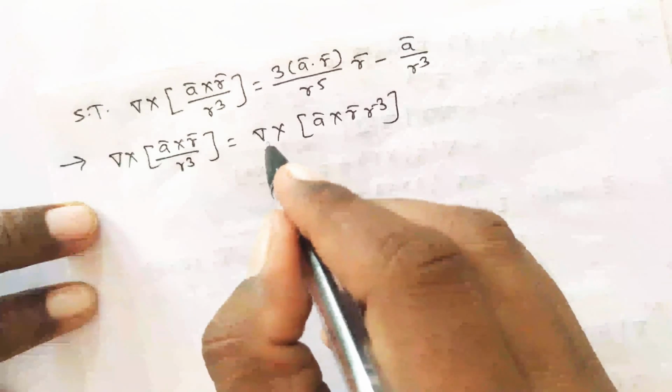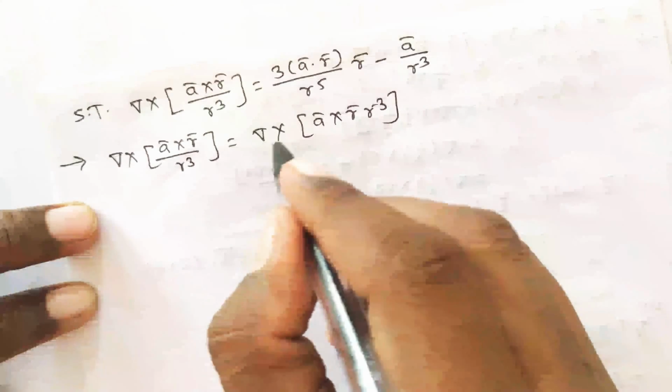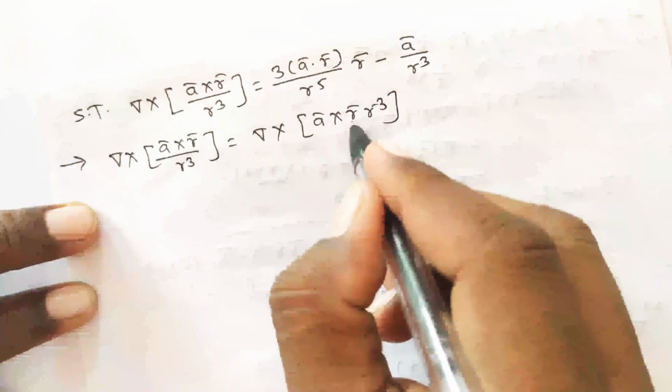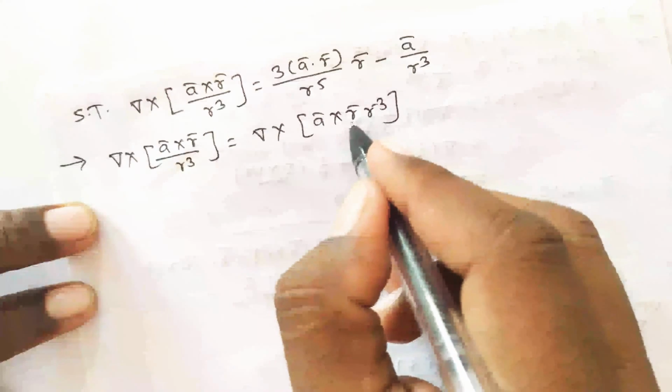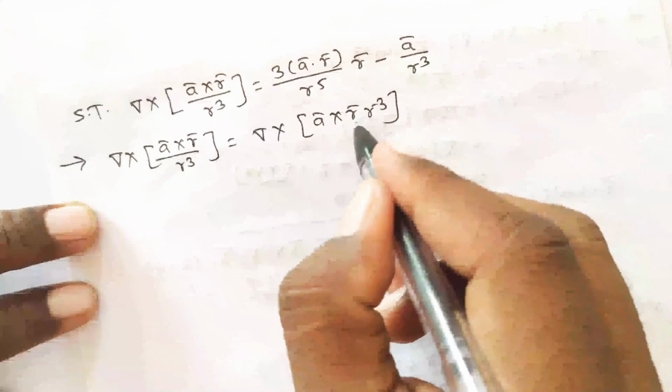Now how do we solve this? Del is a vector, a bar is a vector, r bar is a vector, and r raised to minus 3 is a scalar, but a scalar multiple of a vector is a vector, so the whole quantity is a vector.